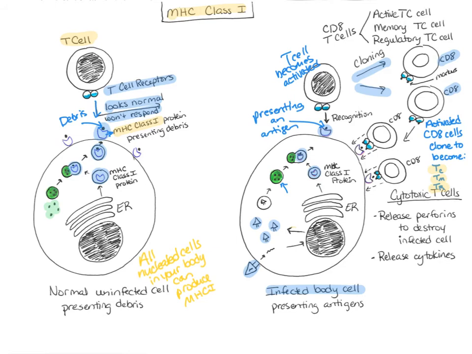To remember this, you just have to remember the MHC class 1 protein will activate a T cell that will produce the CD8 cells. The CD8 cells are those cytotoxic T cells. So what do the cytotoxic T cells do then? They're going to attack this infected cell, and then they're going to go off and attack other infected cells that are infected by the same virus.